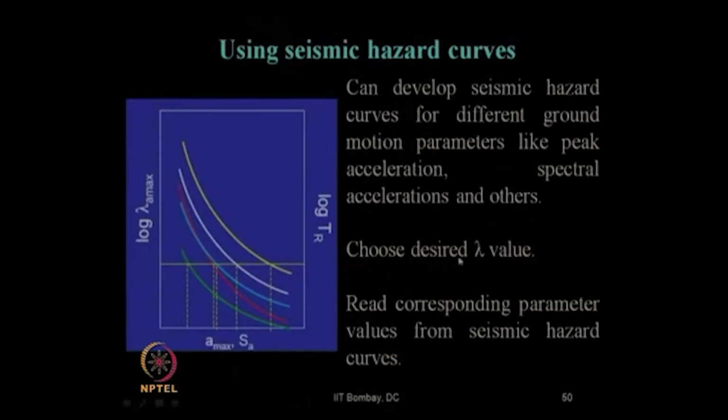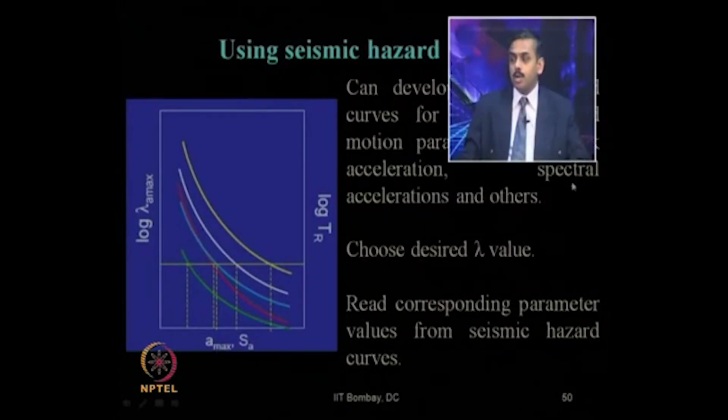Now, choose a desired value of lambda to be used and read the corresponding parameter values from the seismic hazard curves. So, one of them will be the total curve and the others will be individual values. Okay? From that you can get a max value. If you are talking about peak acceleration, you can get the SA value, which is spectral acceleration, if you are deriving your probabilistic seismic hazard analysis curve in terms of spectral acceleration. Okay?